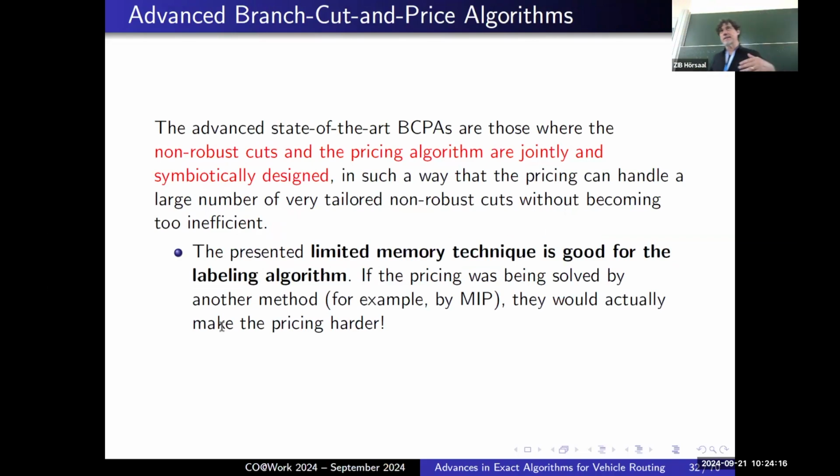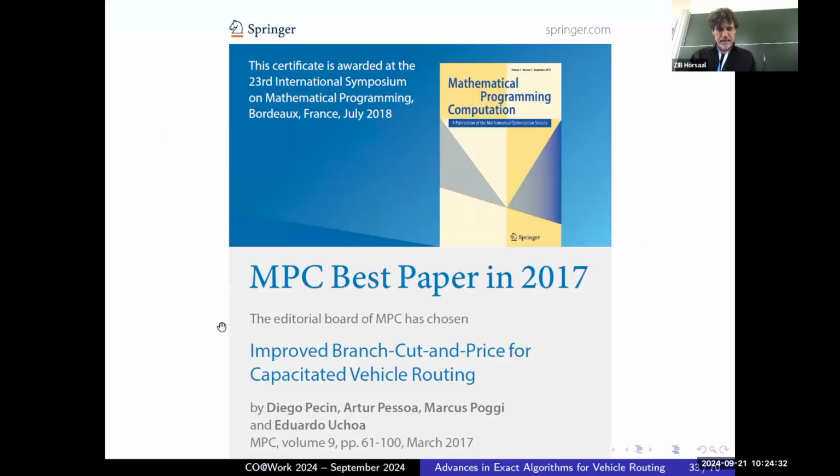So if the same cut was introduced and we change the pricing, so let's solve the pricing as a MIP, those cuts would actually be very bad. Okay. So the cut is devised to be good for a particular algorithm.